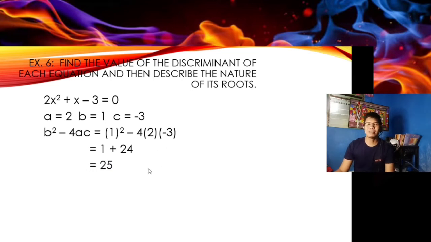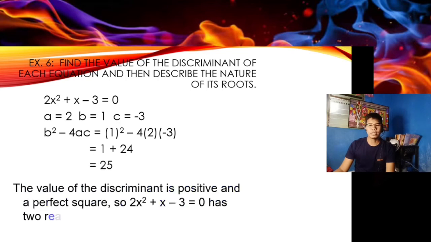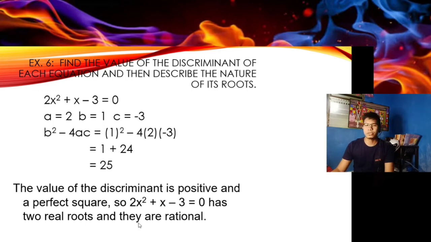As you can see, this is a perfect square and a positive number. So what do you think is the nature of the roots? Since this is positive and a perfect square, we have two real roots and they are rational. At the same time, they are unequal, two real roots or two unequal rational roots.